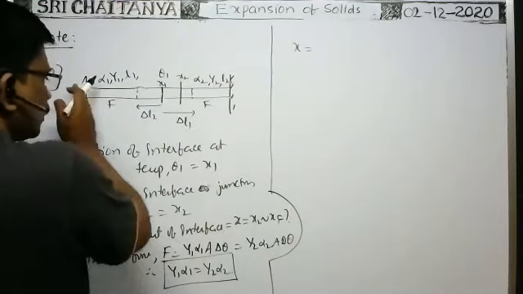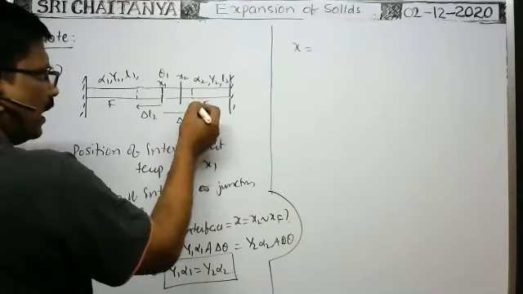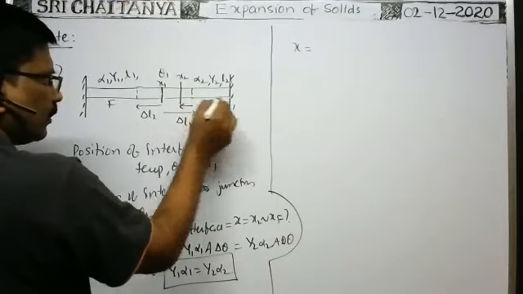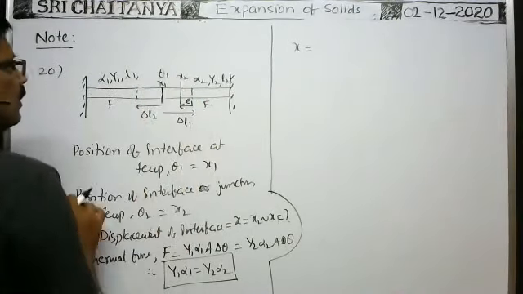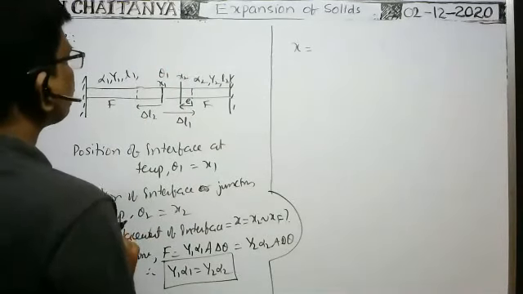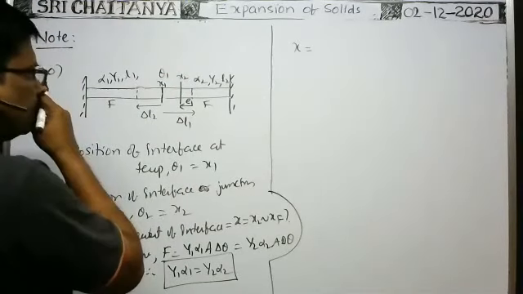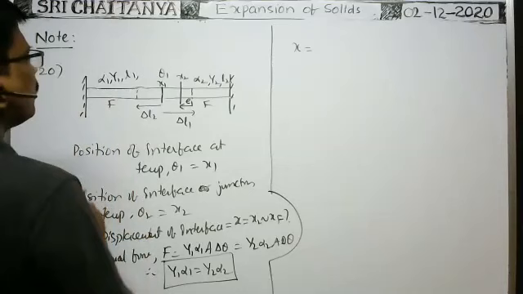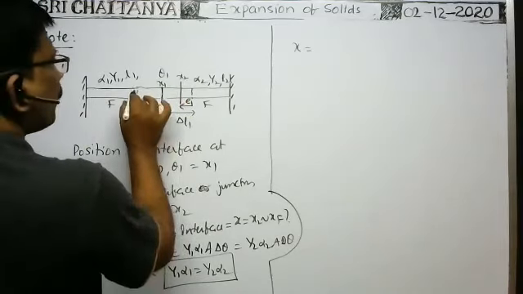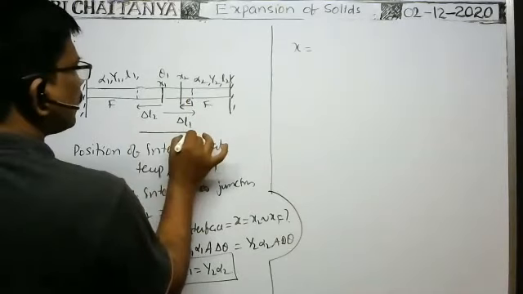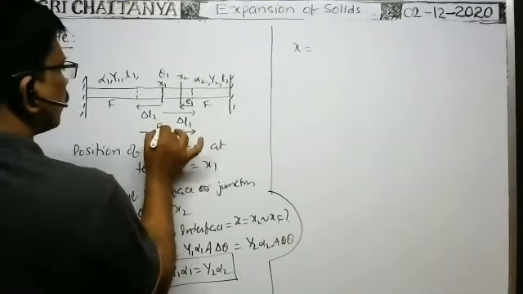But because these two are fixed between two rigid supports, it is again compressed by the rigid support. That compression is say E1 in case of the first rod. In case of the second rod, it is the increase in length of the second rod, but it is compressed up to this. That's why this is the compression in the second rod, that is E2.